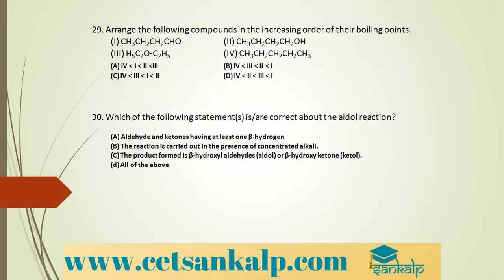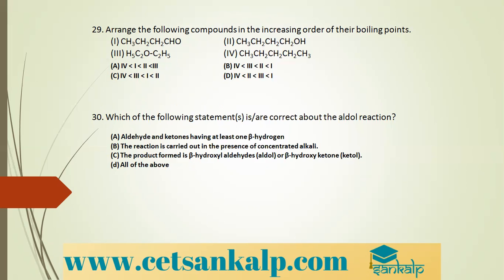29th question. Arrange the following compounds in the increasing order of their boiling points. Yes, so I discussed just now. Alcohols form hydrogen bonds with water. Aldehydes, the higher aldehydes do not form. Third, we have esters. They do form hydrogen bonds, but less than alcohols.